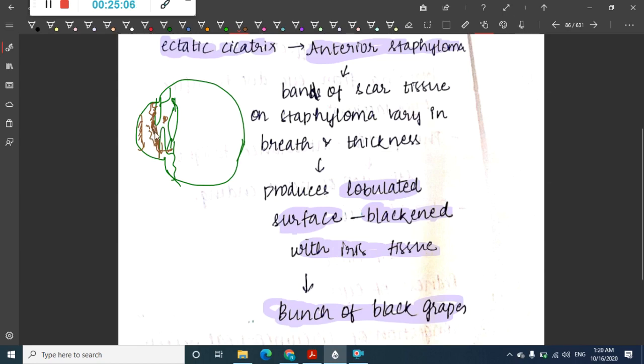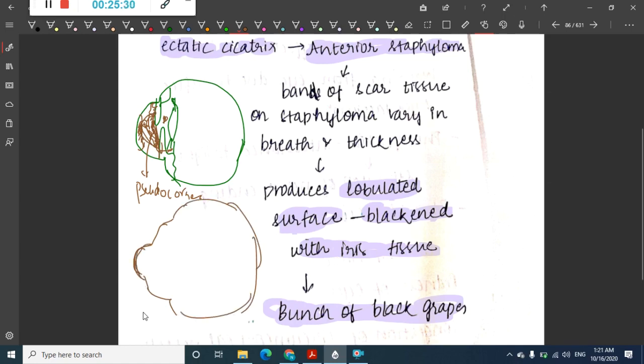Okay, this layer which is formed here is called pseudocornea, but this cornea is very delicate, and as a result it will bulge out, and sometimes even bulge out over the true cornea, thus causing something called anterior staphyloma.